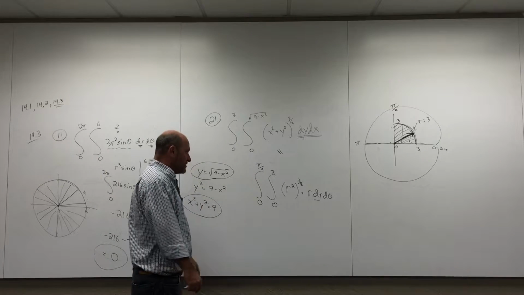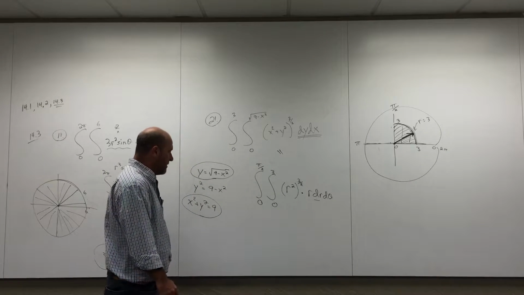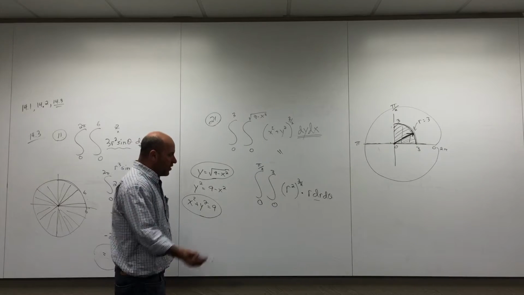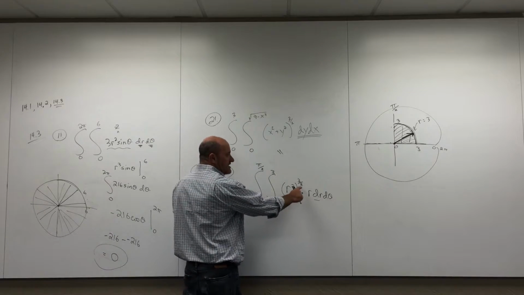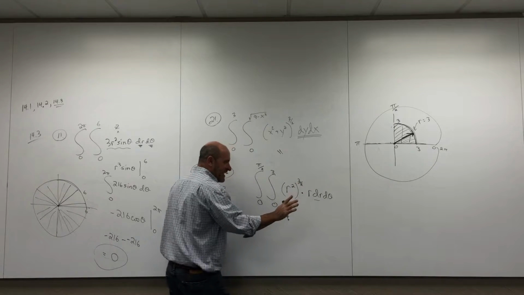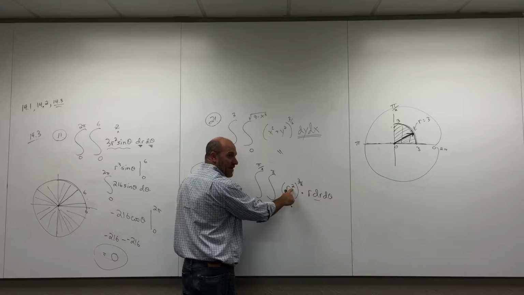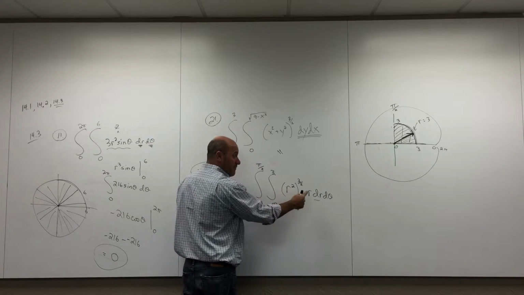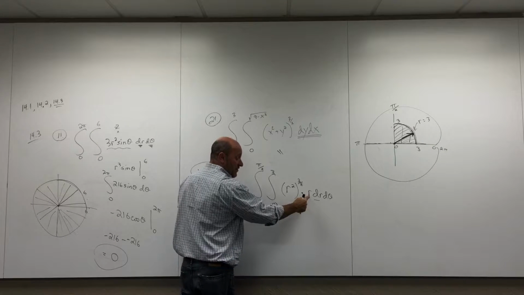I think they want me to do this problem. I guess I could do it. But I think the converting is the more interesting part. Again, though, real quick, this is the square root of r squared cubed. So hang on a second. The square root of r squared will be an r. And then when you cube it, it'll be r cubed. Times this r, though, will be an r to the 4th.